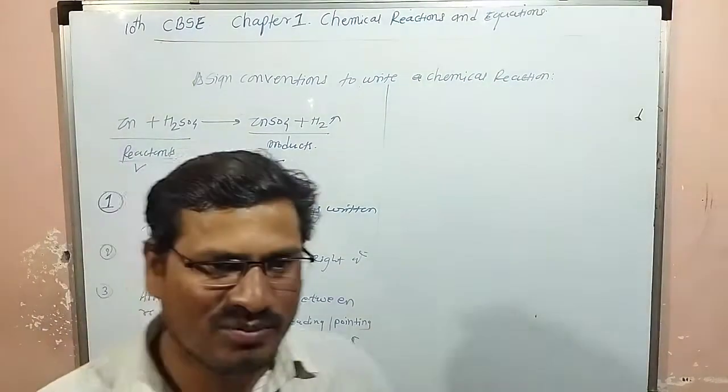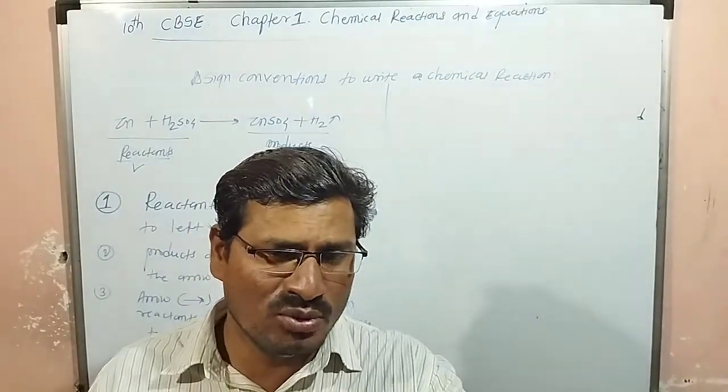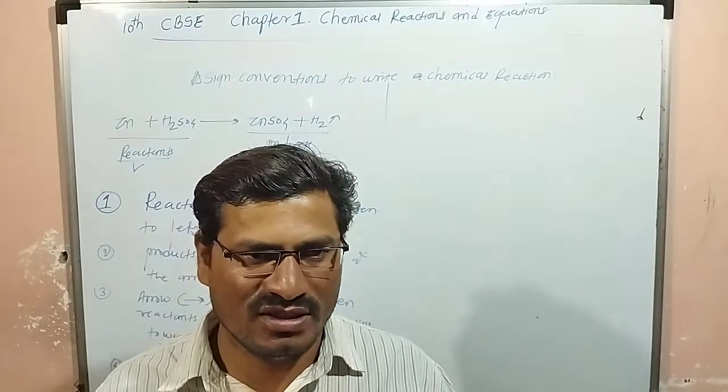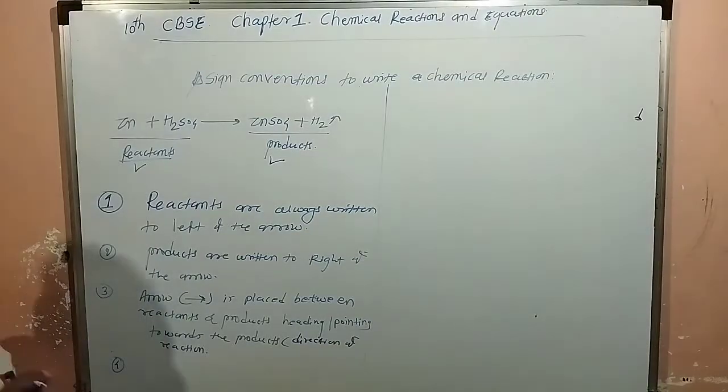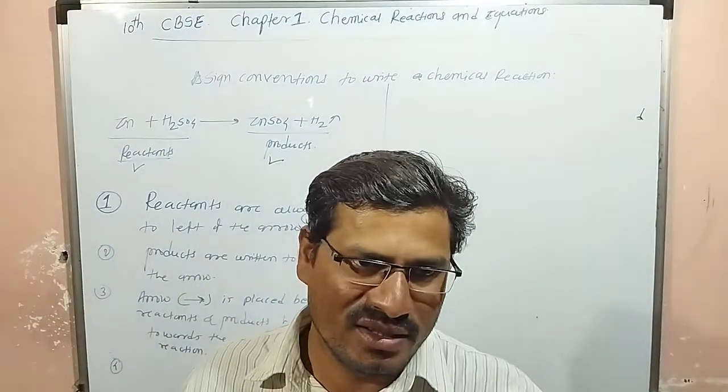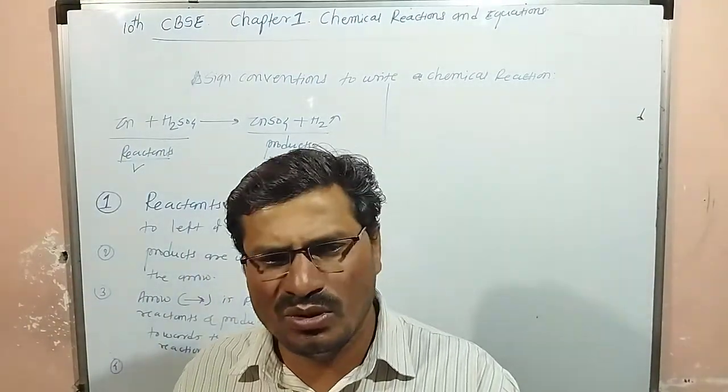Fourth point is there. If two or more reactants are there, or two or more products are there, then a plus sign is written between the two or more reactants or the two or more products.